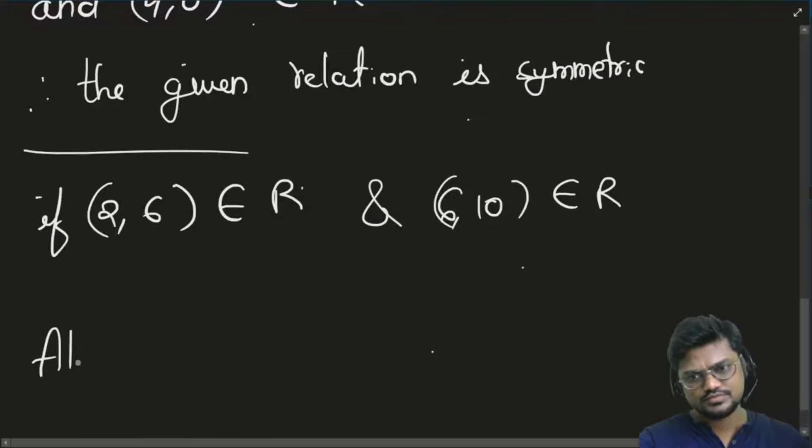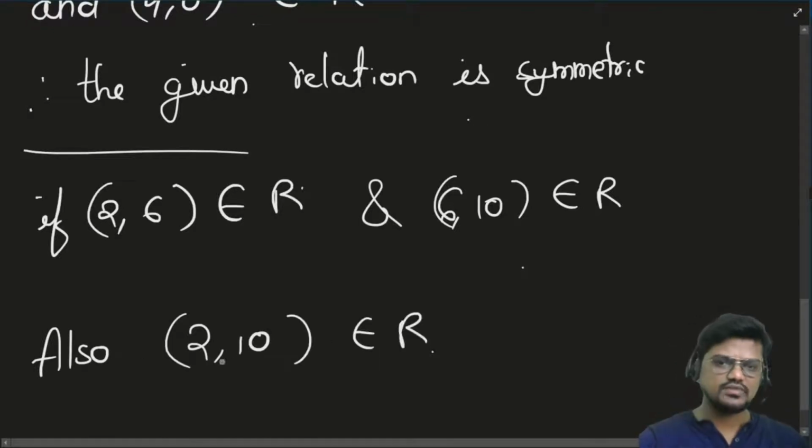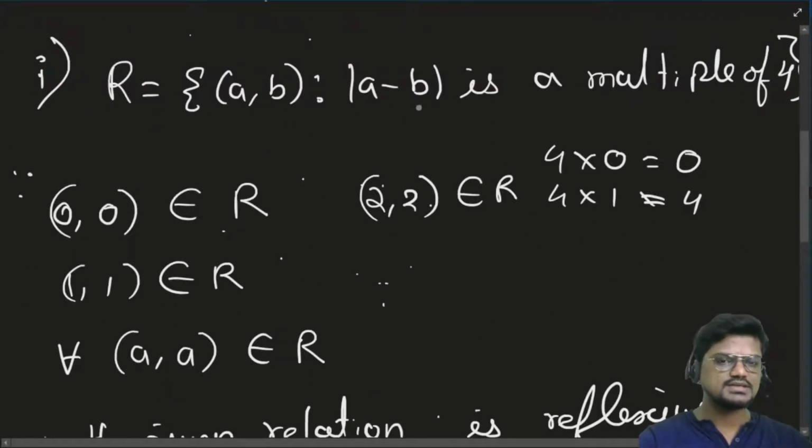Does (2, 10) belong to the relation? If I put the values of a and b as 2 and 10, 2 minus 10 is minus 8, and modulus of minus 8 is 8. Now 8 is also a multiple of 4, right?